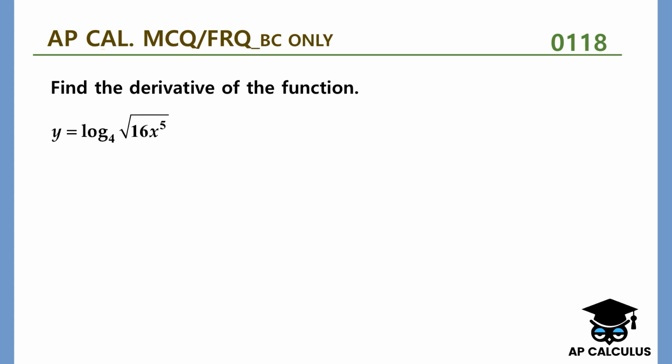Question 118. We have log base 4 of the square root of 16x to the power of 5. If we have a log function, and if that is not natural log, then we have to rewrite this log in terms of natural log. Remember the property of the logarithm from pre-calc or algebra 2.